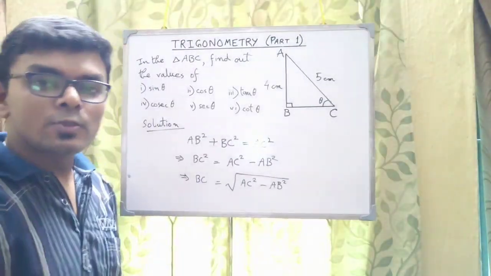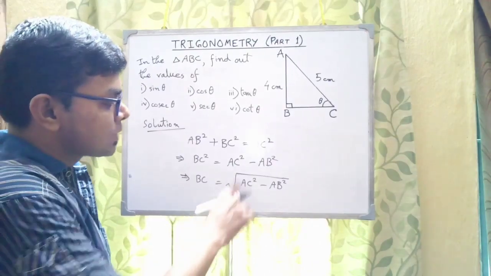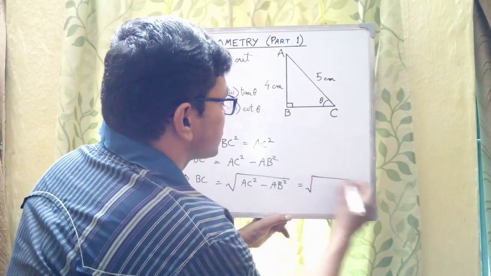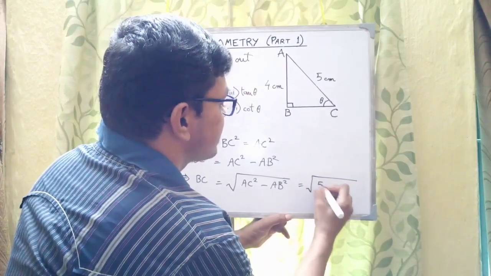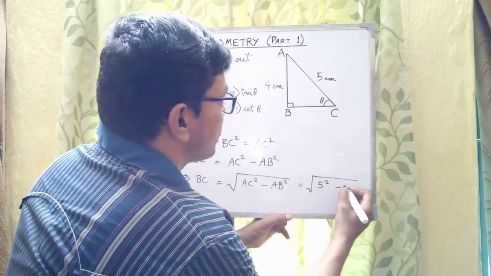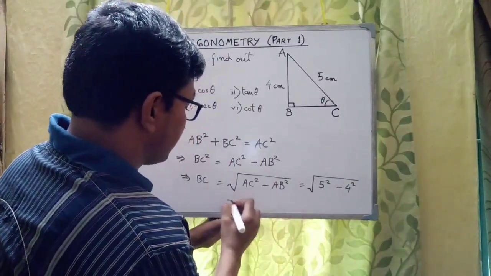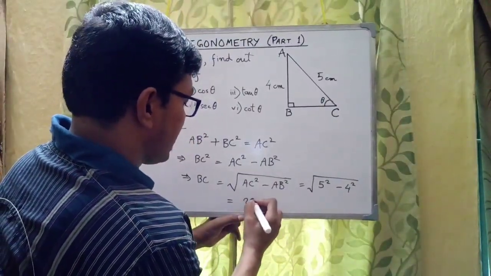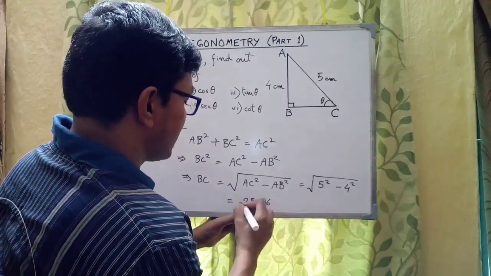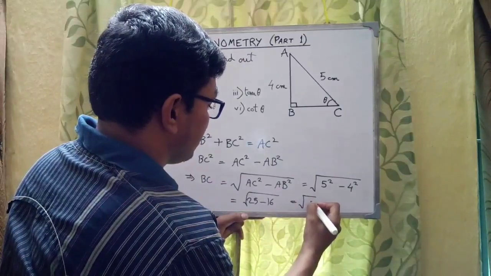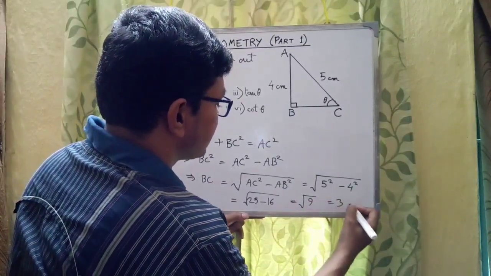I think that is pretty clear to all of you. So in this sum it will be square root of 5 square minus 4 square, that equals square root of 25 minus 16, that is square root of 9, that equals 3 centimeter.